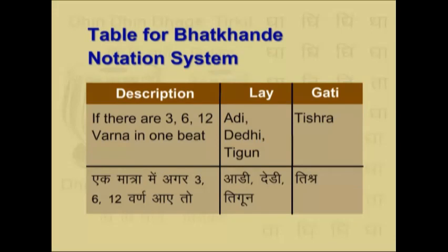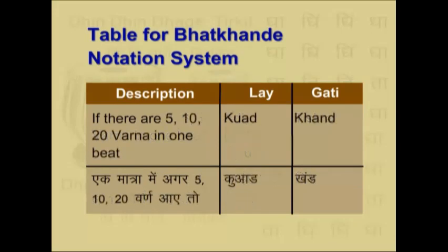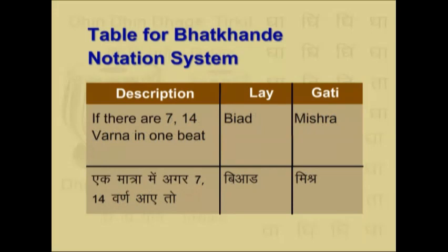The gati becomes tishra. Whereas in a beat, if you get 5 varnas, or 10 or 20 in those multiples, it becomes kuad lay, and the gati becomes khanda. In a beat, if there are 7 varnas and its multiples, you call this lay biad, and the gati becomes mishra.